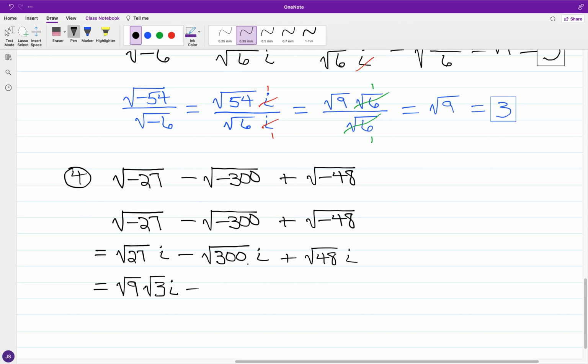Now for 300, not a perfect square value, but the highest perfect square divisible into it is going to be 100. And 100 goes into 300 3 times. And for 48, not a perfect square, but it is a multiple of the perfect squares, with 4 at the lower end and 16 at the upper. And 16 into 48 is going to be 3 times.